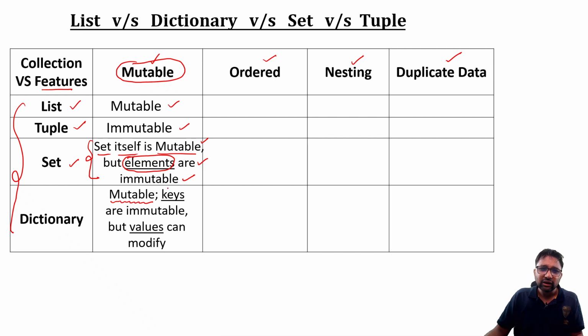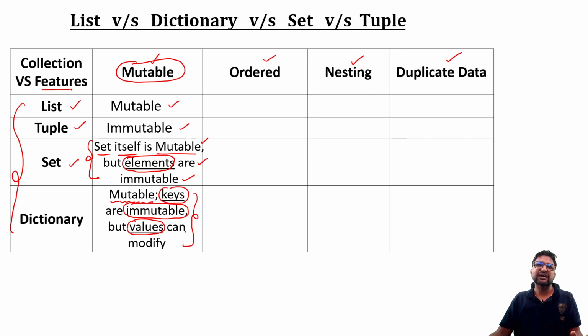Please note down, keys are immutable. You cannot modify the keys, but you can modify the values. So in an item of a dictionary you cannot modify the key, you can modify the value. This is the exception you need to note down.